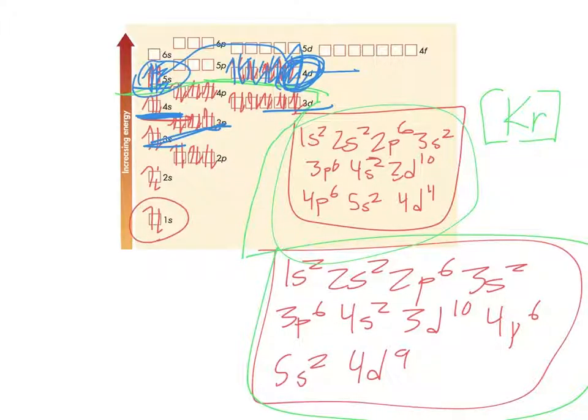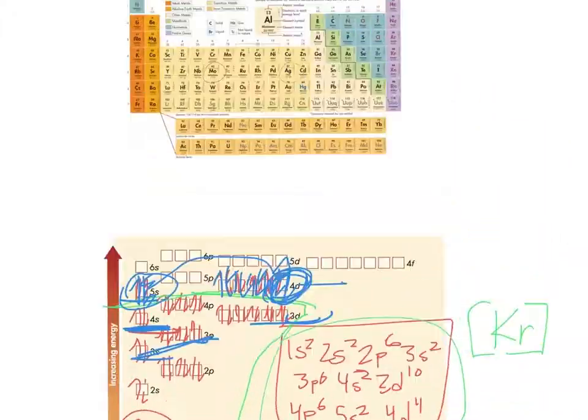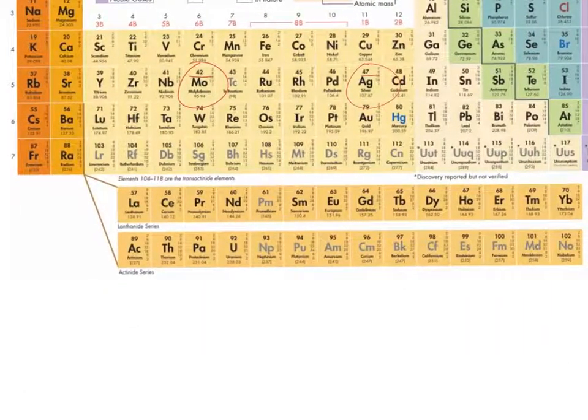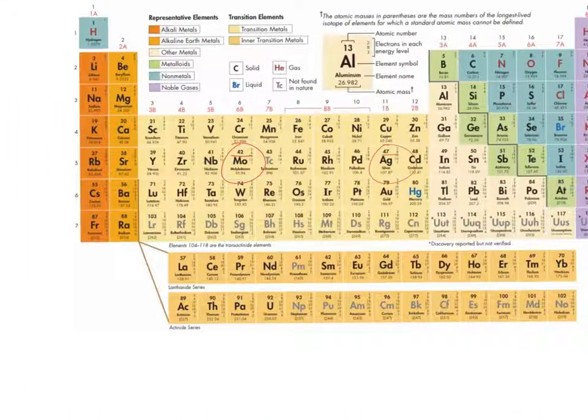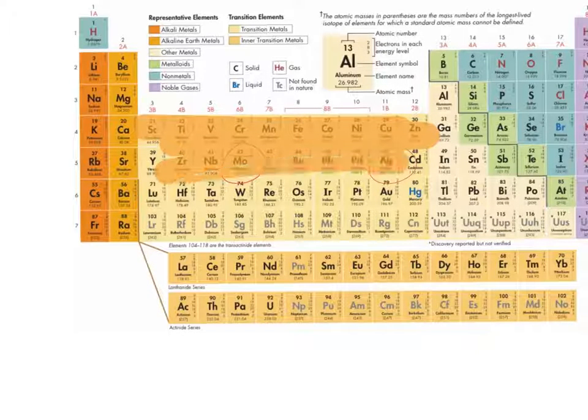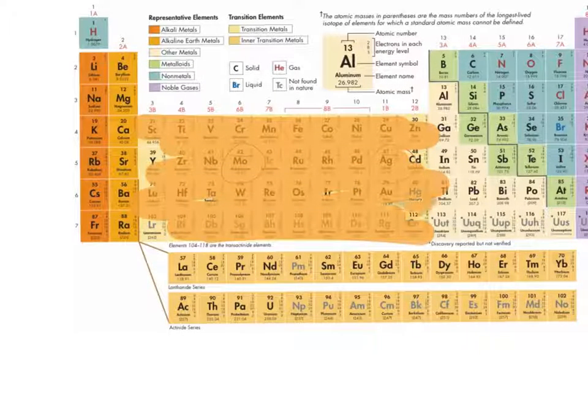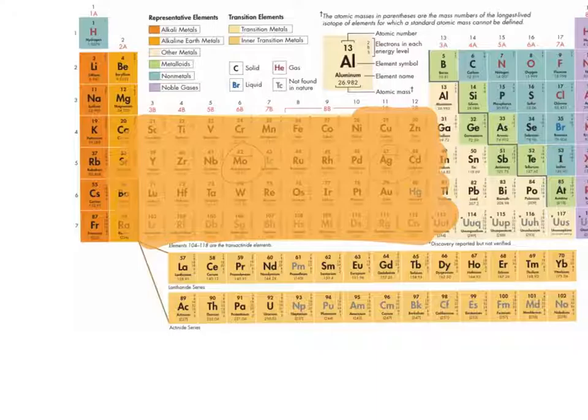It's all because the s orbitals are very close in energy level to the d orbitals, and that's why they can share. And you can see this sharing process usually happens within these elements right here, because they all are in that area where they can share from the s orbital to the d orbital.